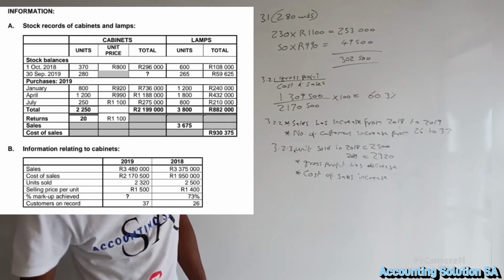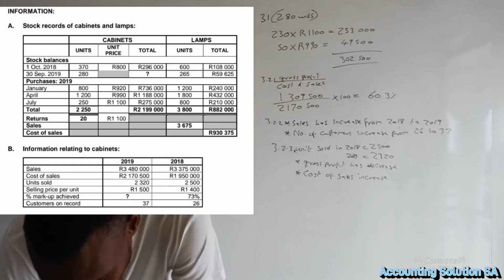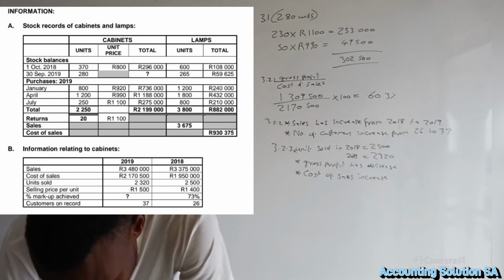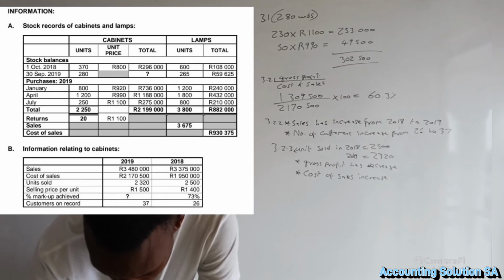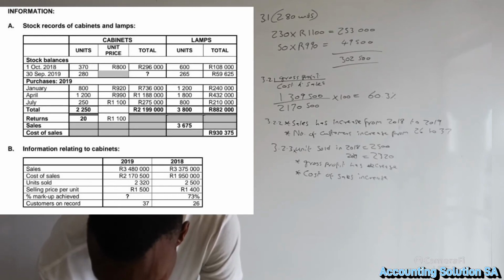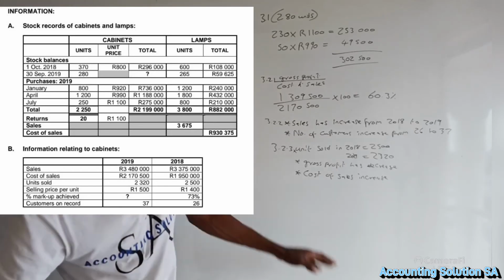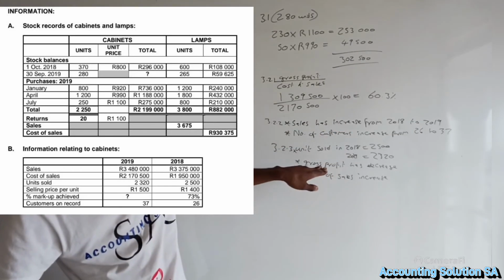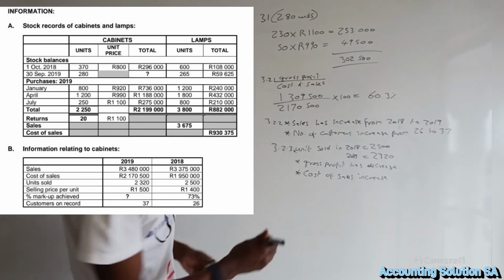Another question. They said, give the directors advice to solve this problem. 2 points. They want us to provide 2 points. How can we solve this kind of problem of units sold decreasing, gross profit decreasing, cost of sales going up?